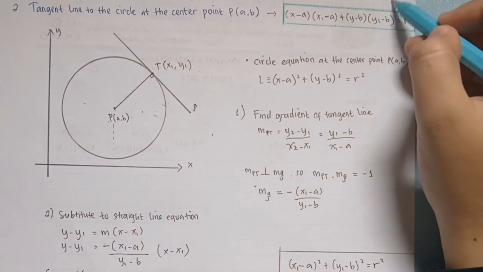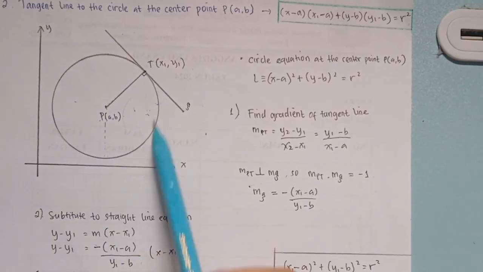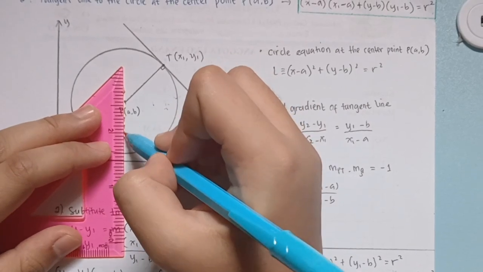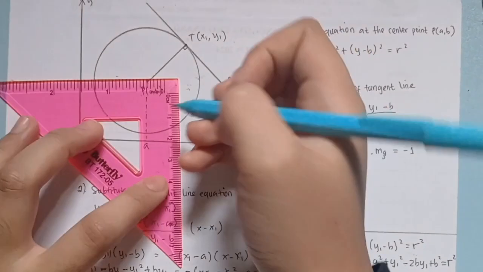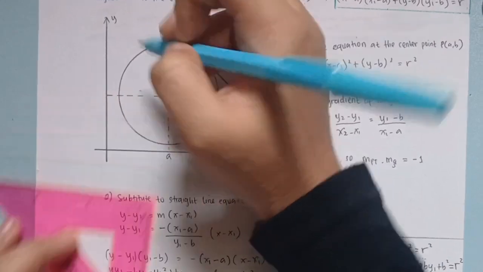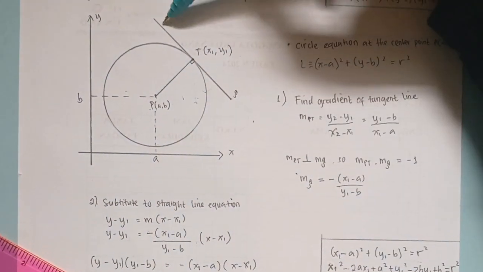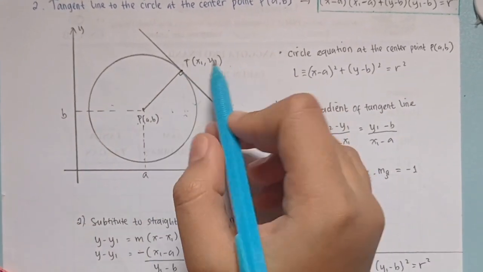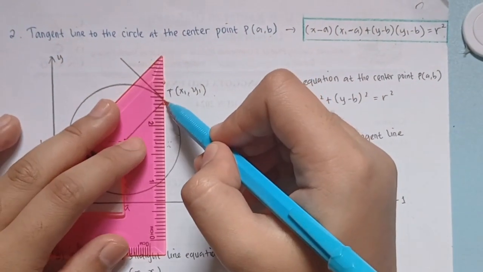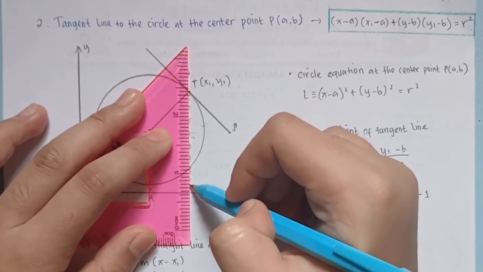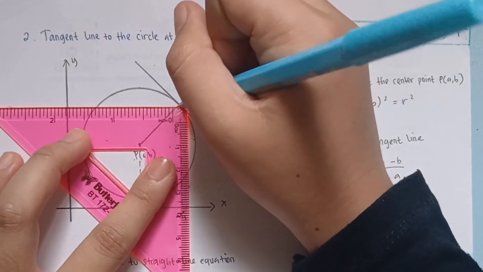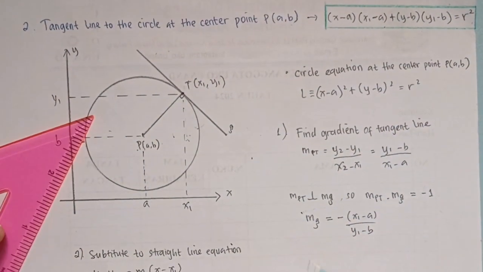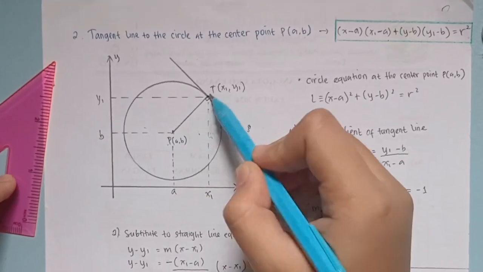So from this formula, first we draw the circle with the center point P(a, b), and we can sketch the tangent line g with the tangent point T at (x1, y1), and we can sketch the radius.